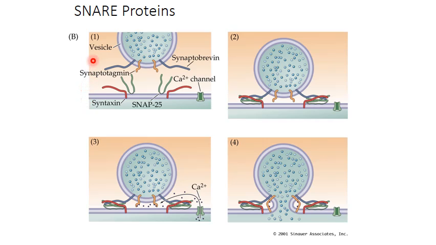The other protein shown here on the vesicular side is, I don't know whether this is to scale or not, called synaptotagmin. Synaptotagmin is our chief calcium sensing protein in this process. But there are proteins that are analogous to synaptobrevin, syntaxin, and SNAP25 for all other vesicular fusion systems.